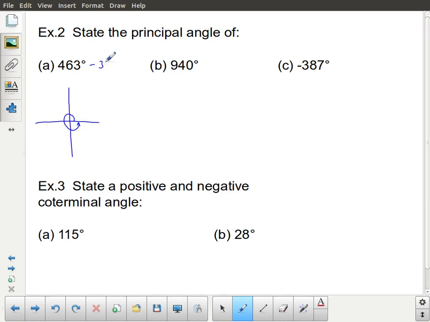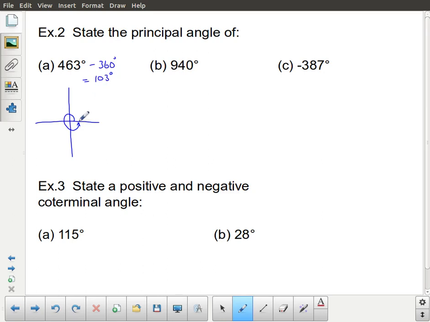Well, why don't I subtract 360 degrees because I've already gone 360 degrees. So if I subtract 360 degrees, what answer do I get? 463 minus 360 gives me 103 degrees. So I've already gone around 360 degrees. I need to go another 103 degrees.